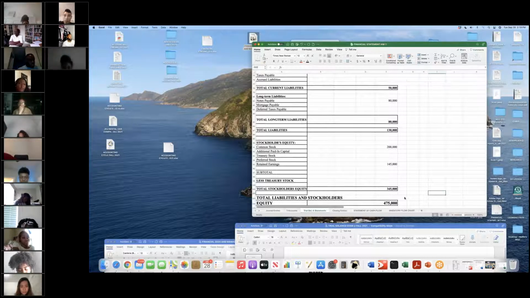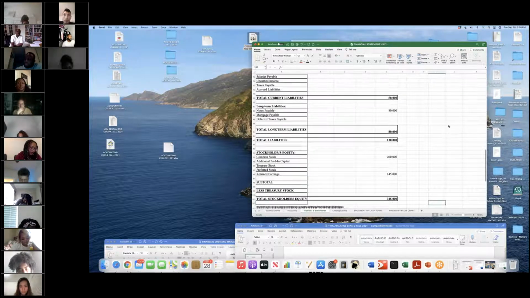So there's nothing overly difficult about these two statements. The trial balance is the big hurdle. Once you get the trial balance, you simply move the accounts where they belong. Now, in actual practice, a company only shows the income statement, the balance sheet, and the statement of retained earnings.